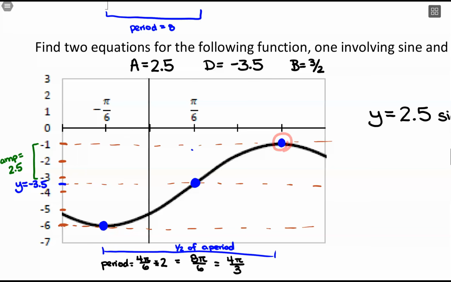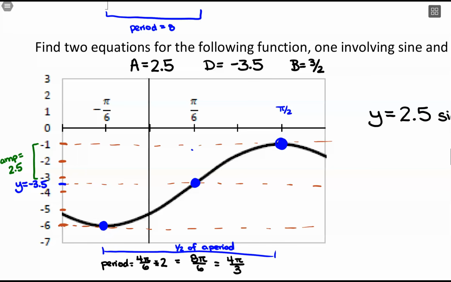Or if you want cosine to start here, we can use that value and think of this shift to the right by 1, 2, 3 pi over 6. So pi over 2. Let's do this shift to the right so we don't need to deal with negative cosine, but if they asked for a negative cosine case, that's what we would do. We would focus on that point there.